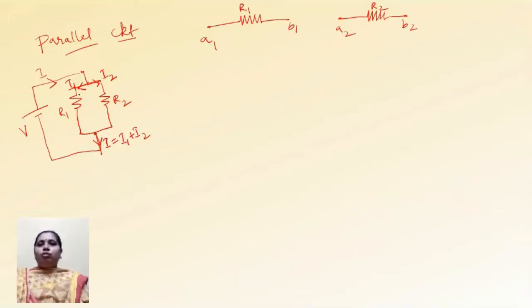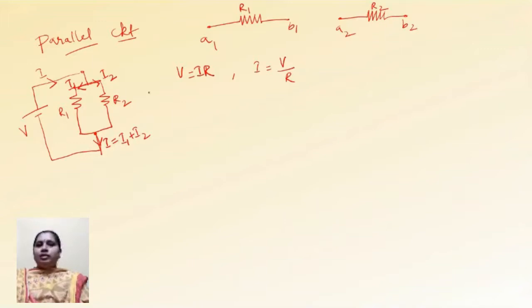Now to find the value of I1, we just write the equation. We know that V equal to IR. You need to remember this formula. We have to find I, so voltage divided by resistor.